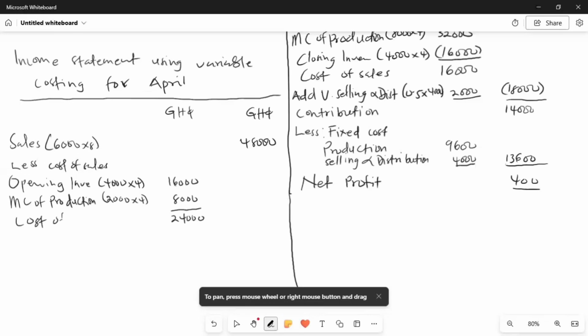In marginal costing, you get your cost of sales, then you add variable expenses. The variable expenses we have there is variable selling and distribution, which is 0.5 per unit.